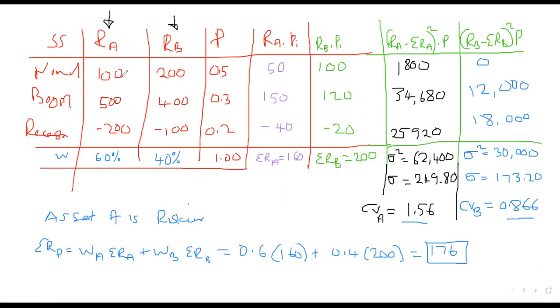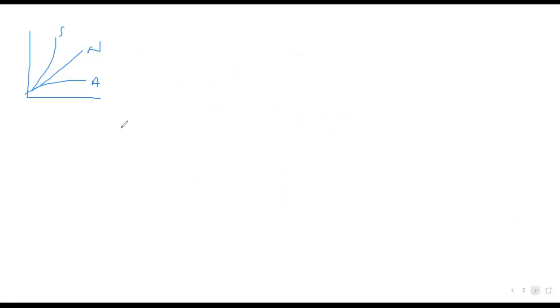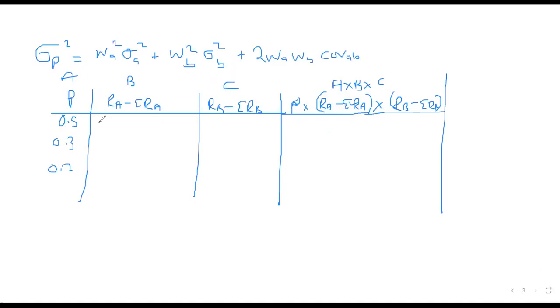So the returns were 100, 500, negative 200, and the expected return was 160, 160, 160.